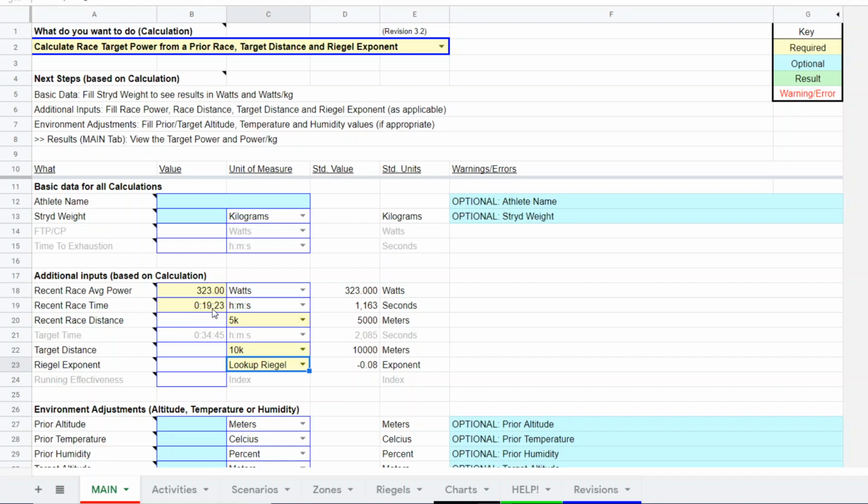So actually, let's go back here. I'm going to change this to his actual 1644, sorry. All right, so power race time. We're going to look up the Riegel, and there we go.